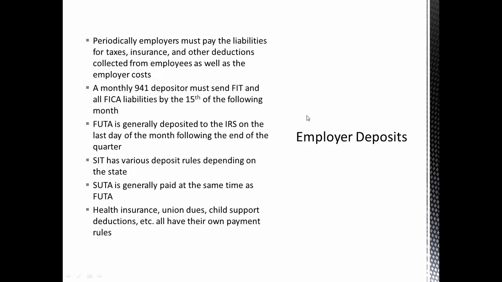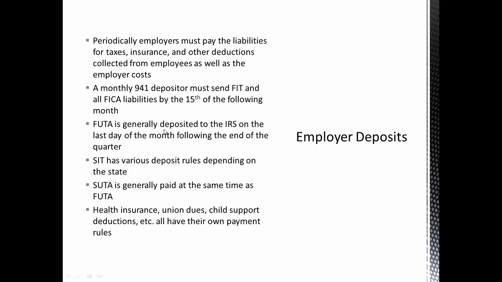So the monthly 941 depositor has to send the FIT they took from the employees and the FICA liabilities, some of which came from the employees, some of which came from the employer's own pocket. Those things all added together, they need to send by the 15th of the following month.